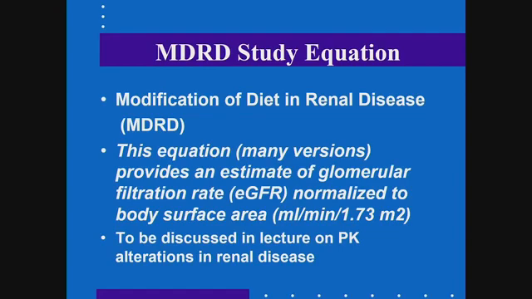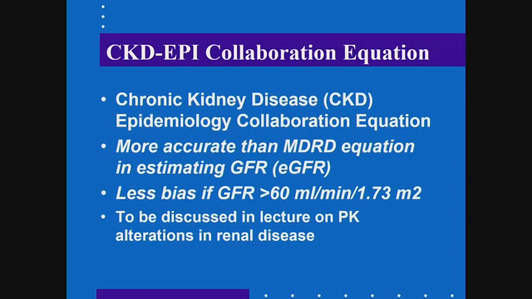Now, another approach to estimating renal function is based on the MDRD equation, of which there are many versions, that actually estimates the glomerular filtration rate, not the creatinine clearance, but the glomerular filtration rate normalized to body surface area. Now, you're going to have more discussions of this equation in a lecture addressing pharmacokinetic alterations in patients with renal disease.